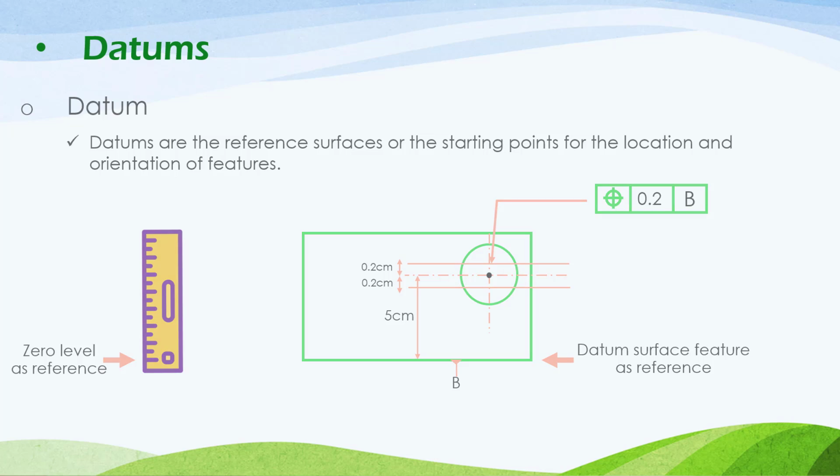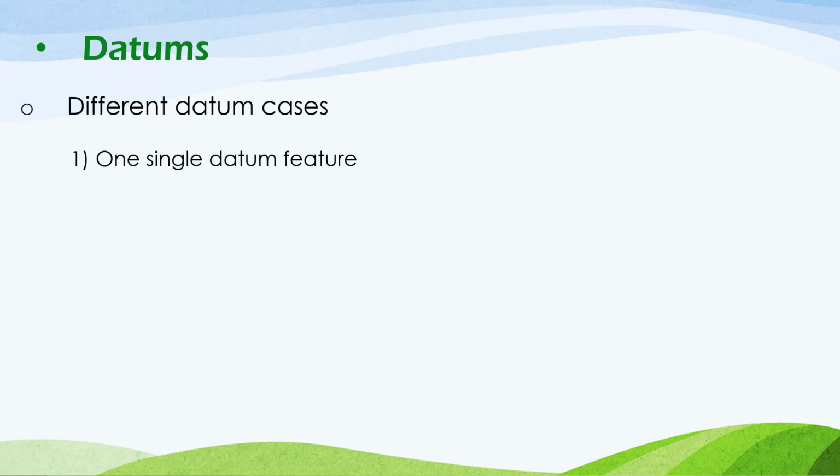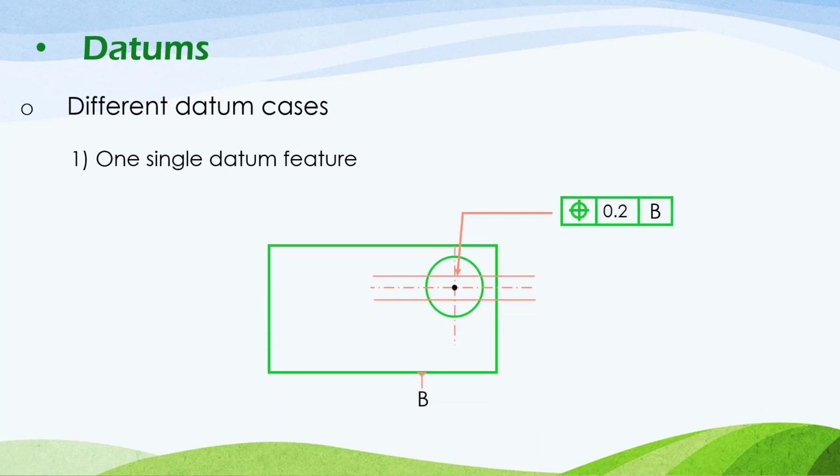Alright. Now the datums have some important different types that we may face frequently in the geometric dimensioning and tolerancing world. So let's explore them now. Here, the first type of datums we have is called the single datum feature, and this is the simplest type of datums, as in this type we have only one reference or one datum, like the previous case that we have just discussed.